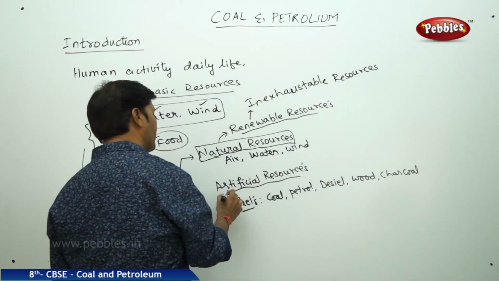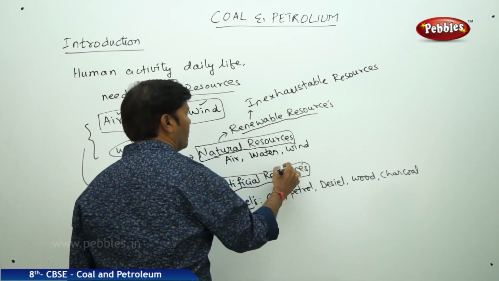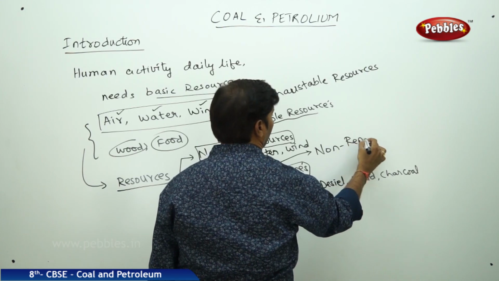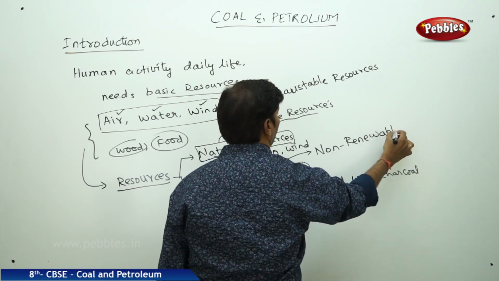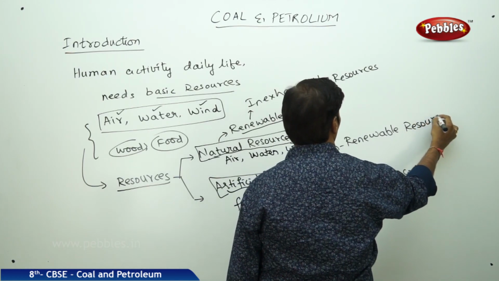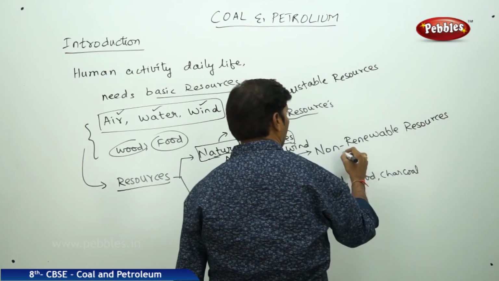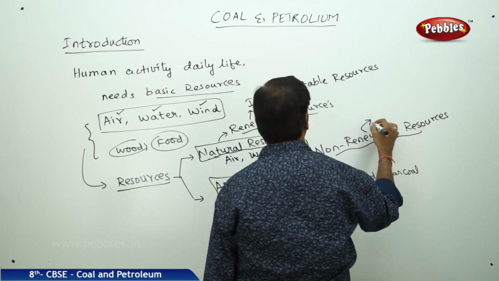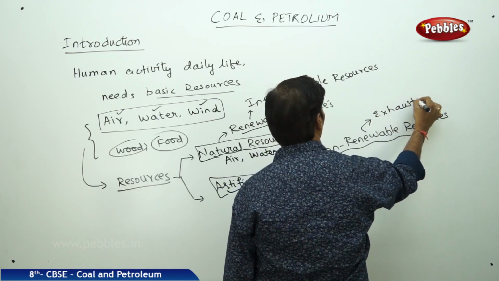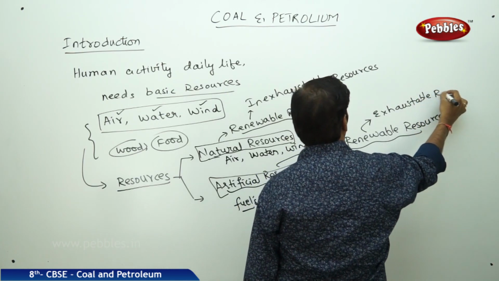If you are going for artificial resources, these are non-renewable resources, which can also be called exhaustible resources.